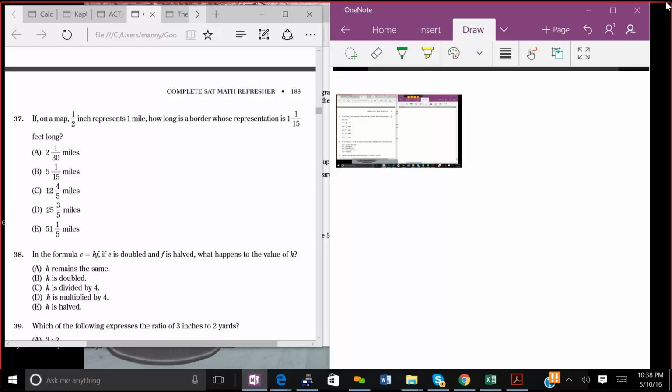So half an inch is 1 mile. 16 over 15 feet is how many miles? I don't know.